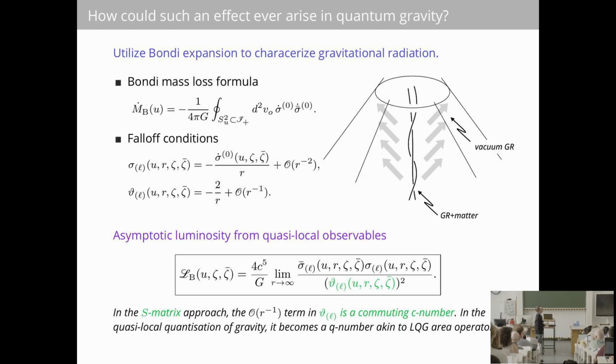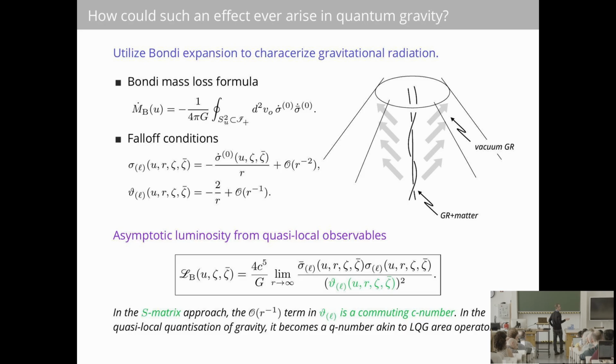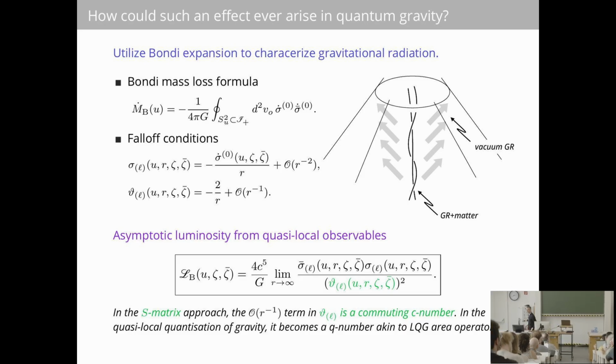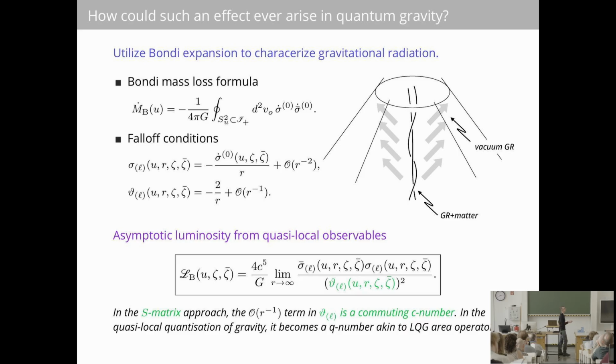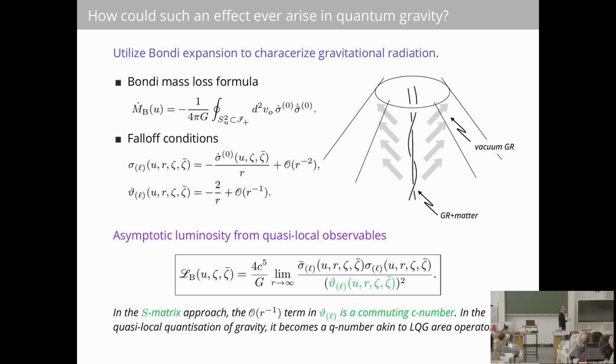So now you have this ratio between shear squared and expansion squared, and it gives you asymptotically the emitted power. But in the S-matrix approach of perturbative gravity, the denominator is, to leading order in the expansion, just a constant, a c-number, a classical number, nothing quantum itself.